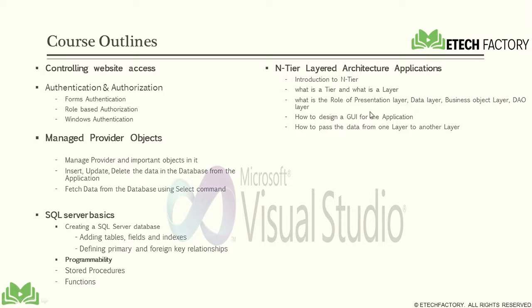What is the role of each layer? That is the presentation layer, data layer, business object layer, DAO layers. We are also learning how to design a GUI, that is the graphical user interface for the applications. Then we are also learning how to pass the data from one layer to another layer.